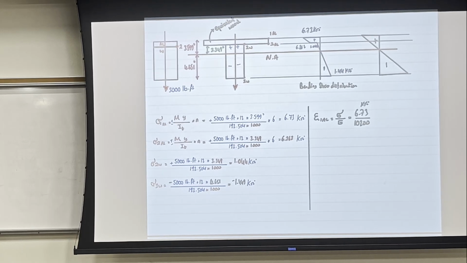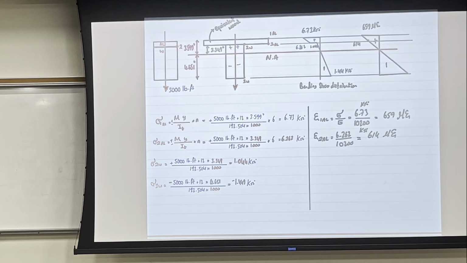This is KSI over KSI, and I'm getting 659 times 10 to the power negative 6. I don't want to write that, so 10 to the power negative 6 is micro, and I'm going to write microstrain. So that's the top: 659 microstrain. Let's calculate it here. Strain 2 in the aluminum: I take the stress, which is 262, over 10,200, and you're going to find it is 614 microstrain. So at that point, it is 614.